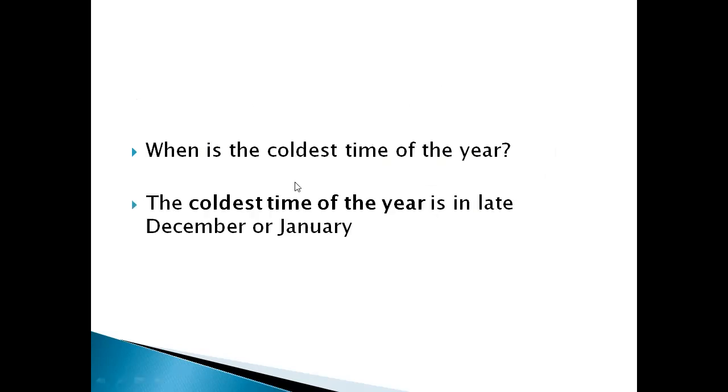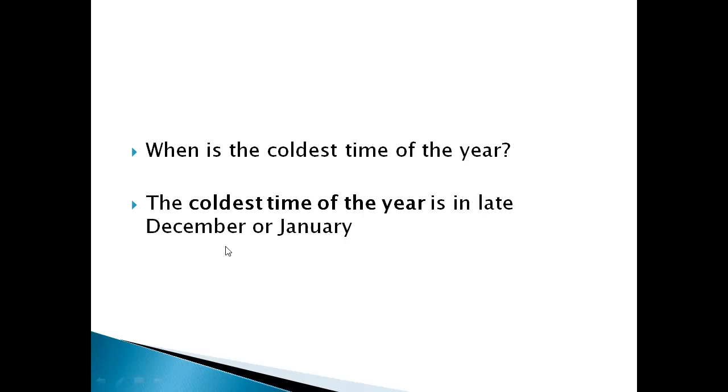And like this, when is the coldest time? The hottest or warmest time of the year is July and August. And when is the coldest time of the year? The coldest time of the year is in late December, the last 10 days or so of December, and January.